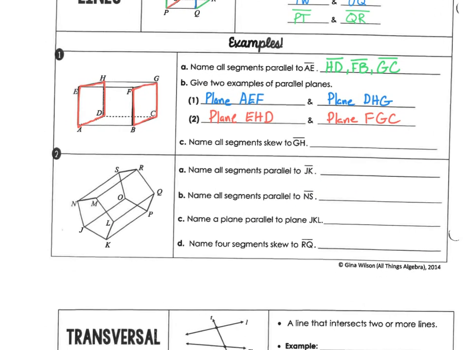I'll move down to 2. Name all segments. Oh, wait. Name all segments skew to G and H. Missed that part. Okay. Segments skew to G and H. So if we look at G and H, what would be skew to that? A and E. Good.